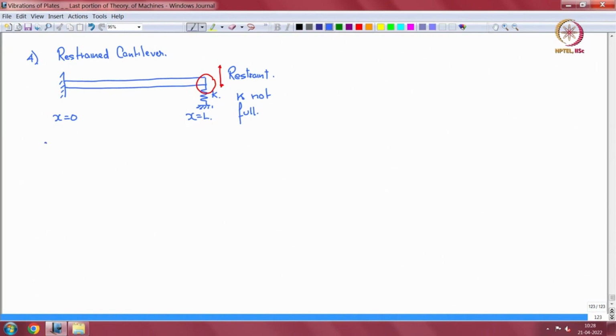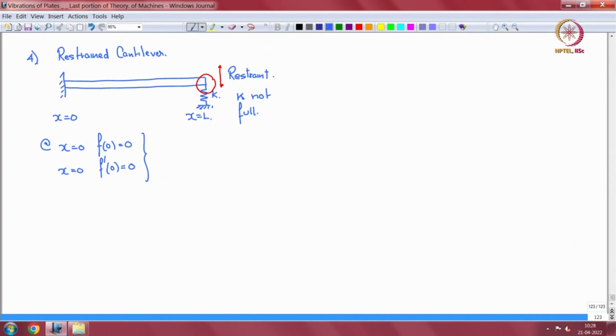So at x equal to 0, f of 0 should be 0, and f dash 0 must be 0. These are the cantilever conditions, and that's all. That is all the admissible function has to satisfy.